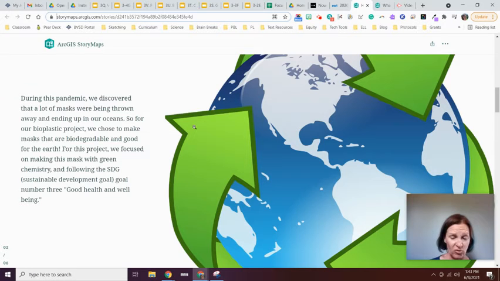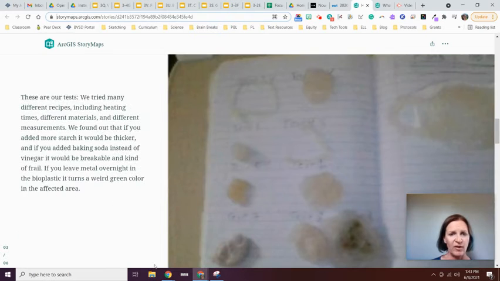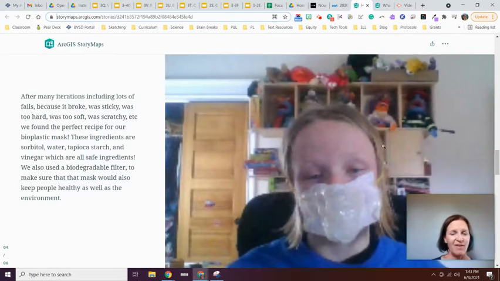And because it's such a problem, they decided that was going to be their invention project, to try to create a mask out of bioplastics that is biodegradable. As we continue to scroll down, you can see that they have included some of their test results. And then finally, they are sharing a picture of their end product, which is their bioplastic mask.